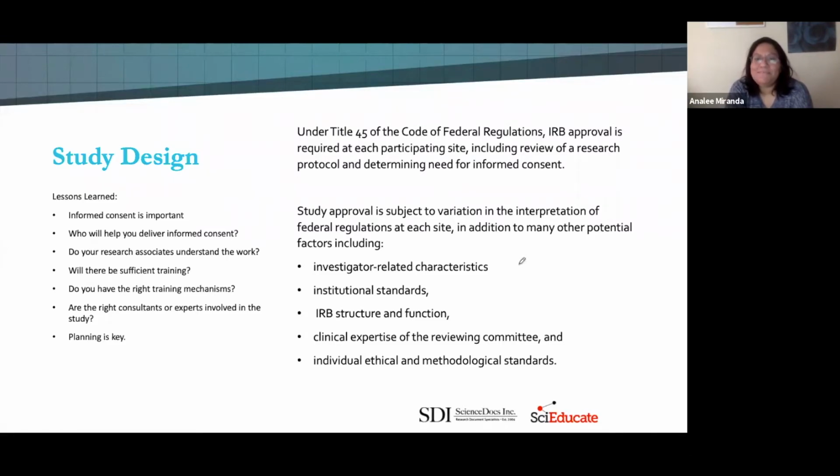Study approval is subject to variation in the interpretation of federal regulations at each site, in addition to many other potential factors, including investigator-related characteristics, institutional standards, IRB structure and function, clinical expertise and reviewing committee, and individual ethical and methodological standards. So maybe some people with experience with IRBs are scratching their heads and saying, well, that's never come up in any of my protocols.